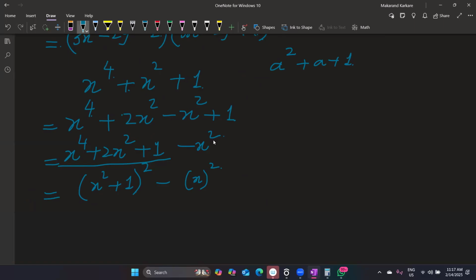So now that will give us a into bracket a plus 1 when we factorize this, and then plus 1. Yeah, but there is no common factor in these terms. So that will give us a plus 1 the whole square. How will this give you a plus 1 the whole square? No, sir, no. I will do a square plus a plus 1. Oh yeah, got it. Got my mistake.